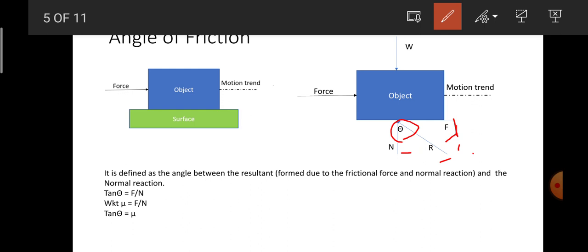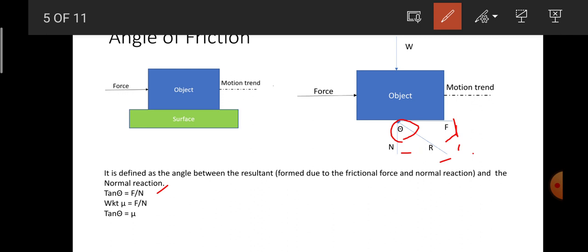Here tan theta will be equal to F by N, that is, the frictional force divided by N, wherein theta is the angle of friction. We also know from the previous slide that mu is equal to F by N, wherein mu is the coefficient of friction.